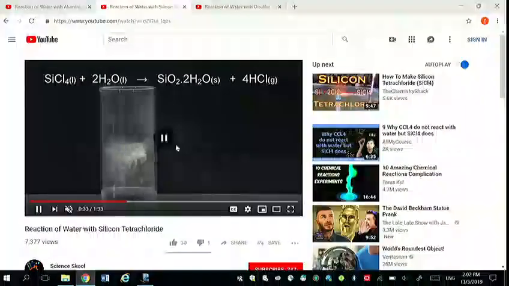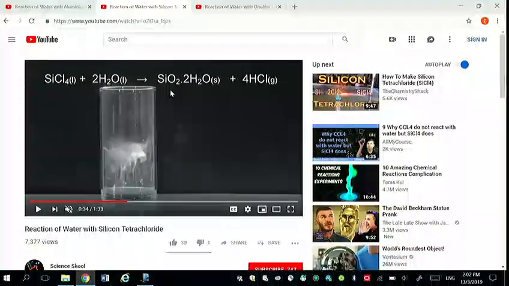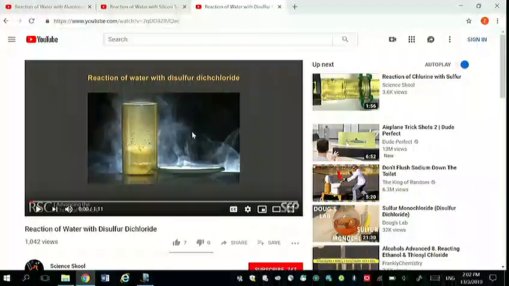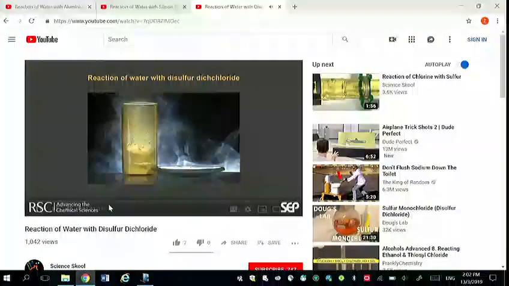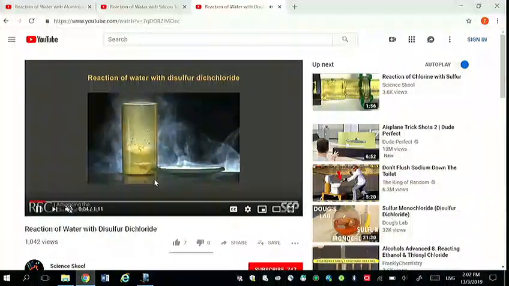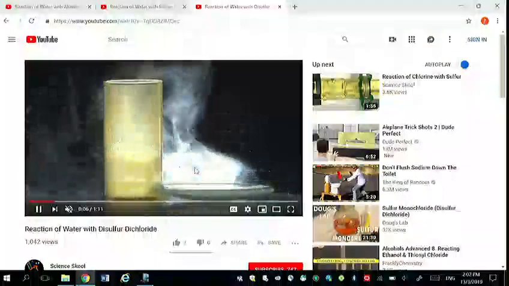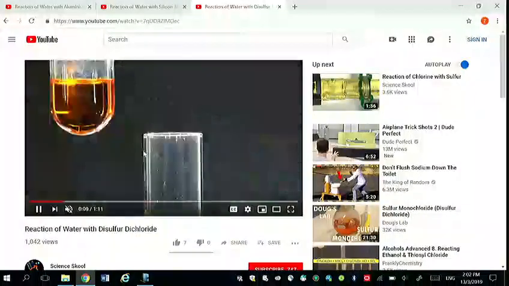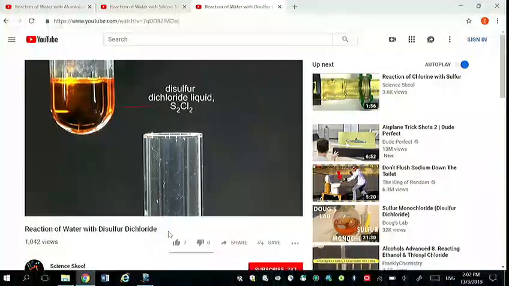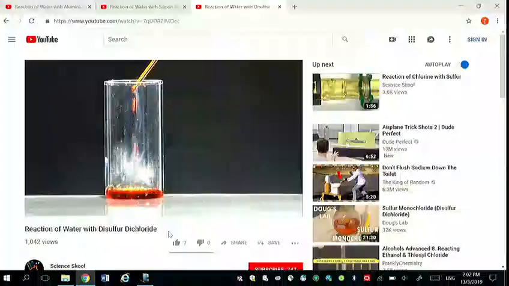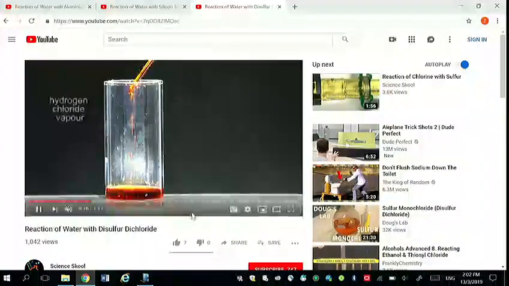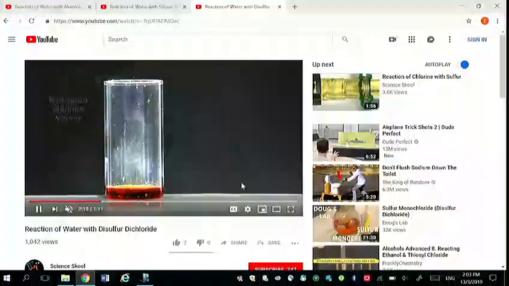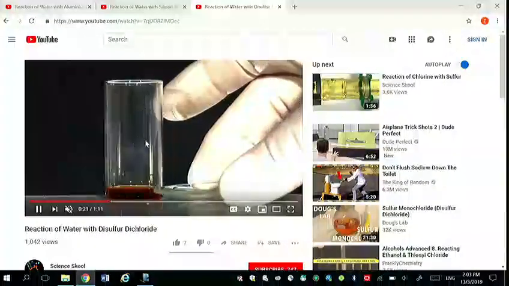You can see that if you put a blue litmus paper, it will turn red, because of the presence of the HCl gas that is being produced. Similarly, this is not inside your lecture notes, but I just want to show you for your disulfur chloride. Once you add it in, you can see that you form HCl.